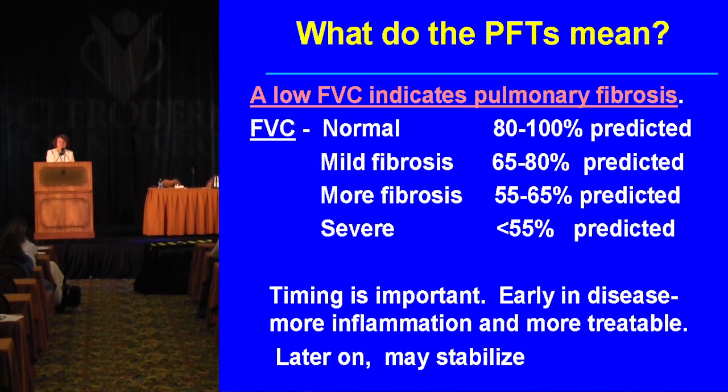Now, once you've had the disease for a long period of time, you may have chronic fibrosis, and so you may have a forced vital capacity in the 60 range or 65% range, but it doesn't necessarily get worse, and we don't have any medicines to make it improve, and so then we take a slightly different approach. Instead of treating it with aggressive therapy, at that point we monitor it and make sure you don't get other complications, make sure you don't get pneumonia, make sure you don't aspirate, and all the problems with GI reflux.